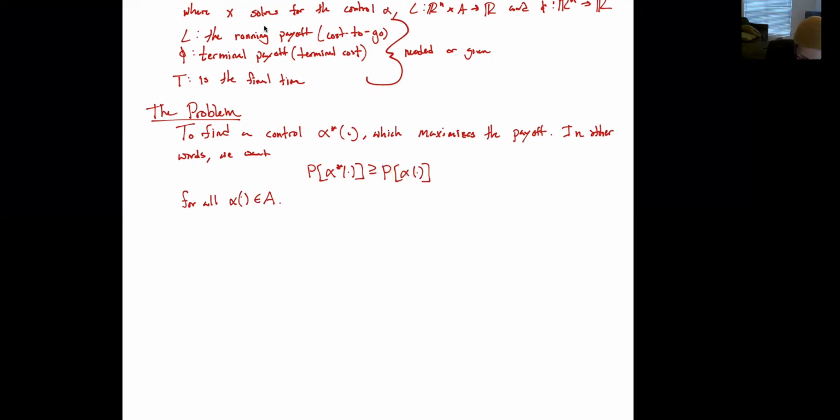Okay. Then alpha star is called optimal.